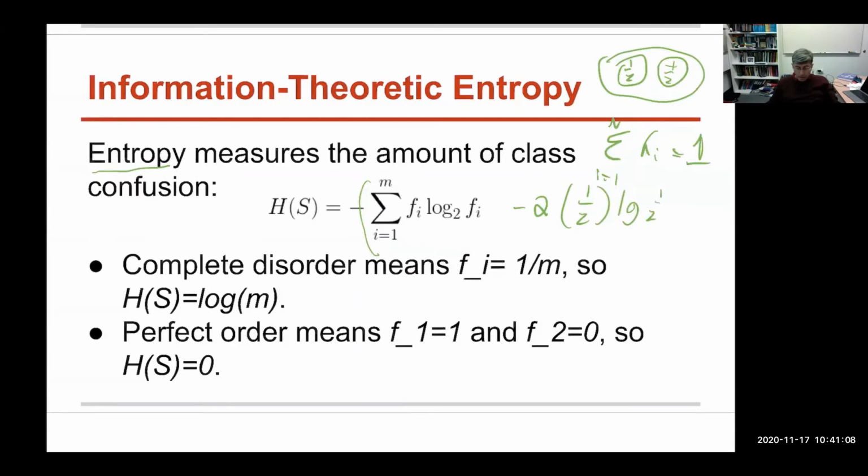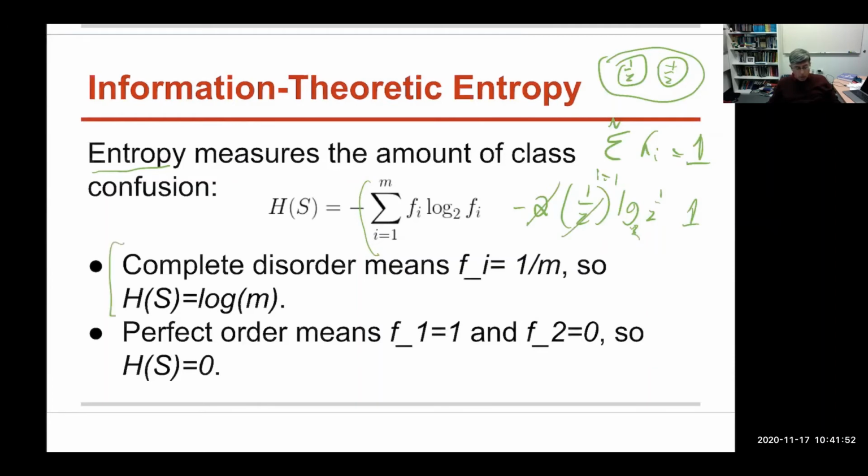So what's the log of 1/2? That's basically going to be minus the log of 2. If it was the log base 2 of 2, it's 1. So in the case of 2 classes, the log base 2 of 1/2 is going to be minus 1, and so this would be 1.